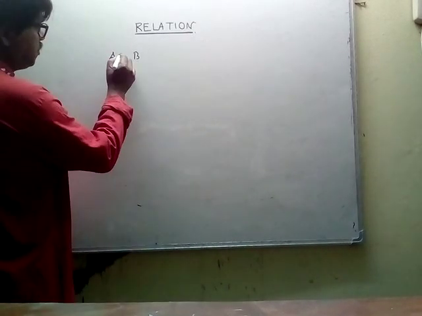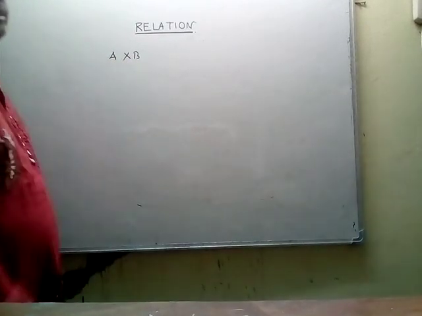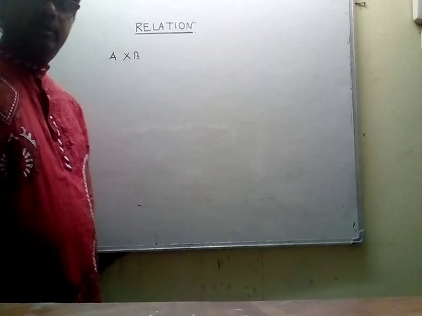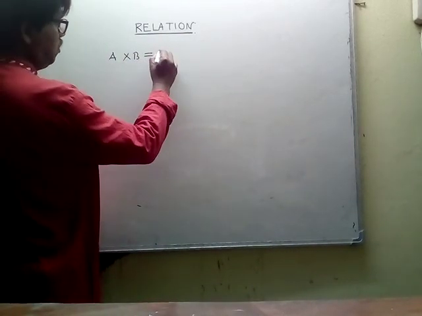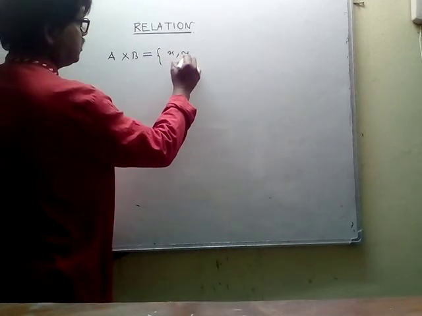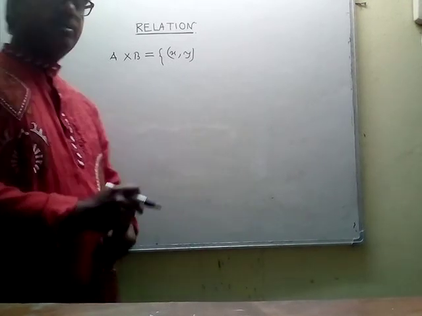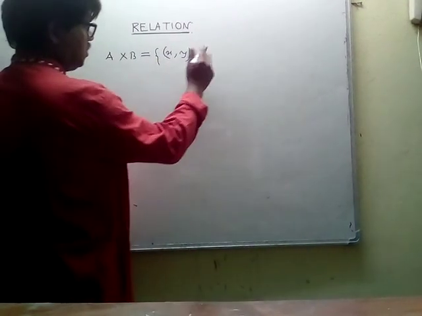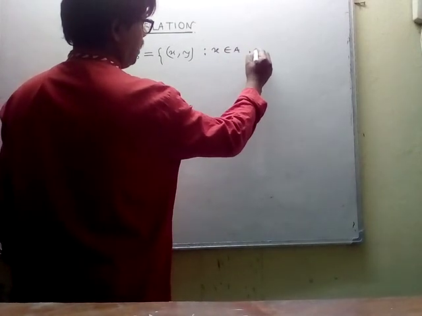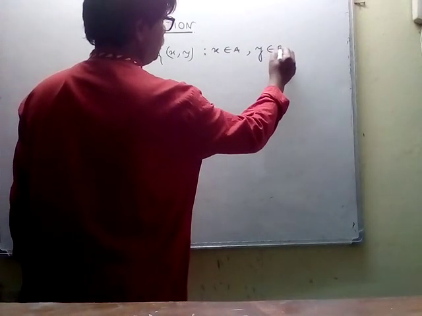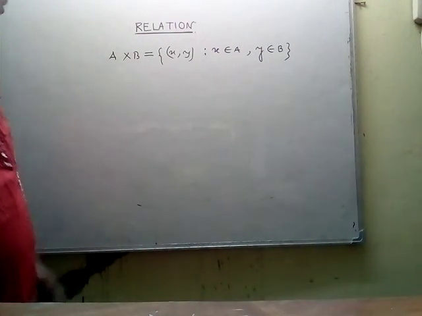Then the Cartesian product of the sets A and B is denoted by A cross B and is defined by A cross B equal to the set of all ordered pairs (x, y) such that x belongs to A and y belongs to B.